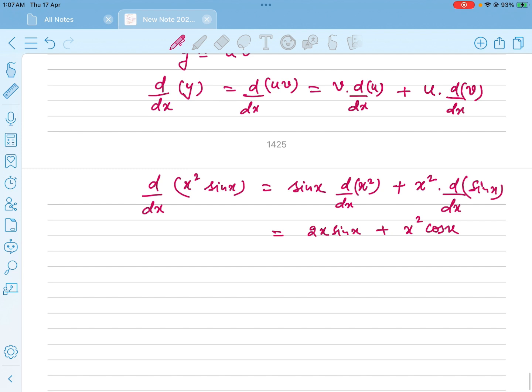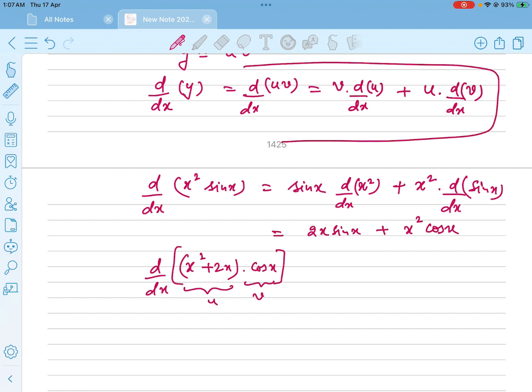Another example, derivative of x square plus 2x into cos x, right? Now for this, let me call this function as u and this function as v, right? And we already know how to find out the derivative of u into v.